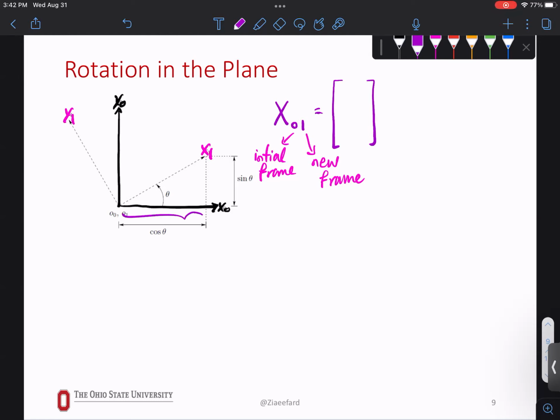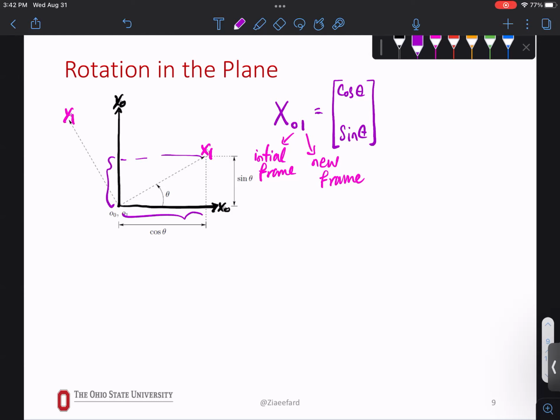So this becomes cosine of theta. What is this? Sine of theta. So I know the projection of X1 onto the initial axes. Now you have to do the same thing to find out where y is.